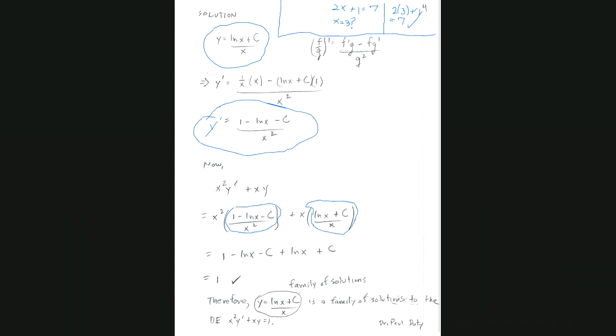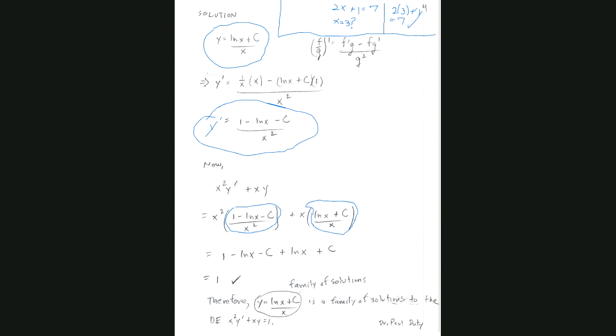So of course, this is nice. The x squared simplifies out. The x's here simplify out. That's going to give us 1 minus the log of x minus c plus log of x plus c. And oh wow, this is nice. The logs cancel, the constants cancel, and we get 1.